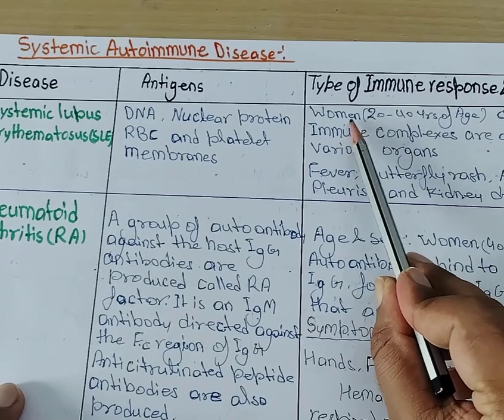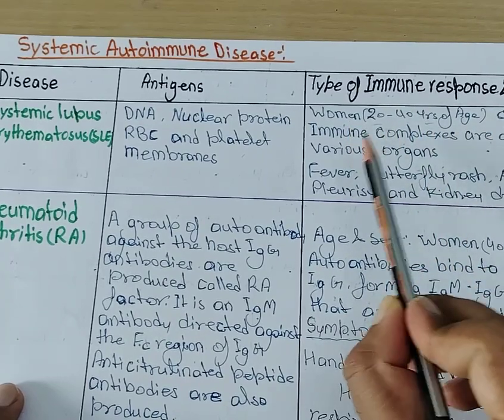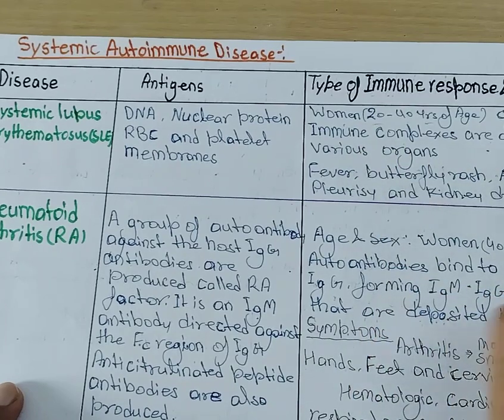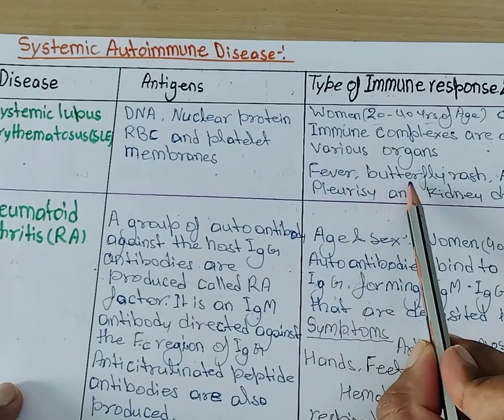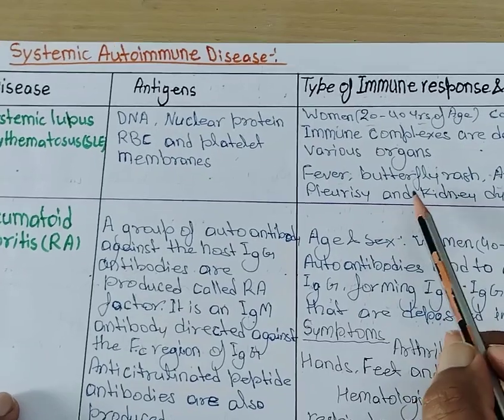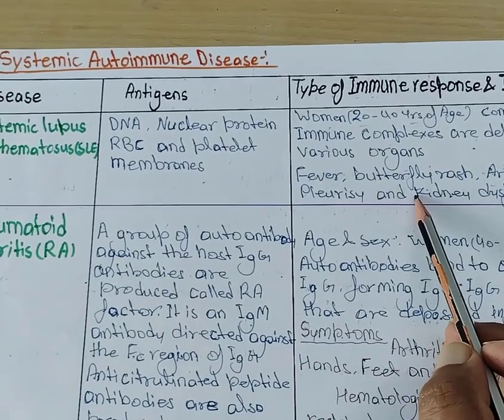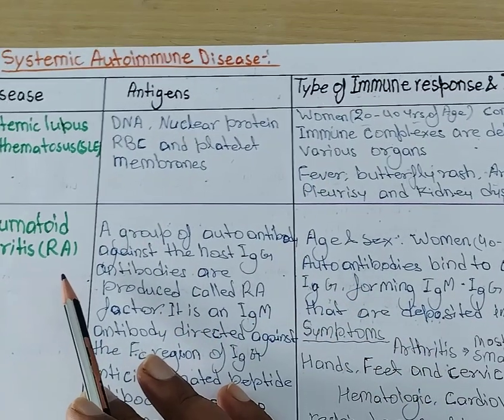It is most commonly observed in women of 20 to 40 years of age. Immune complexes are deposited in various organs. Fever, butterfly rash, arthritis, pleurisy, and kidney dysfunction are the symptoms or important features of SLE.